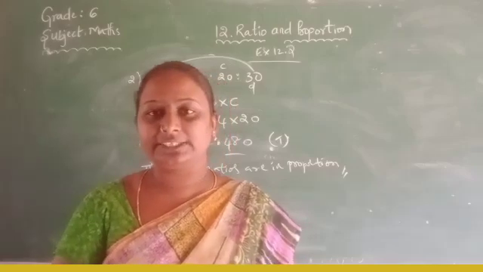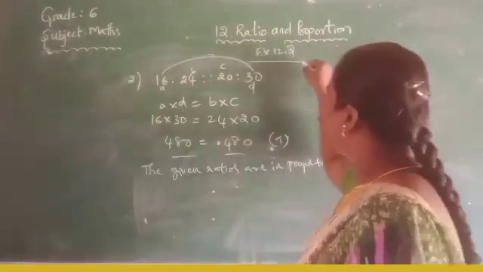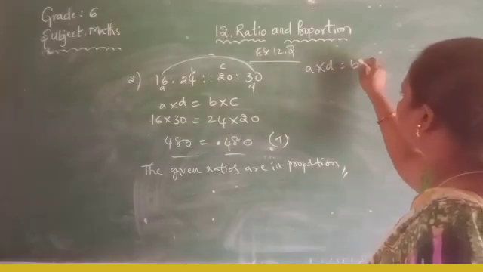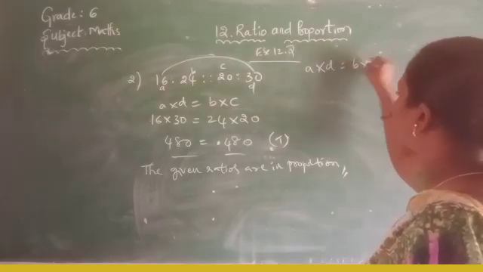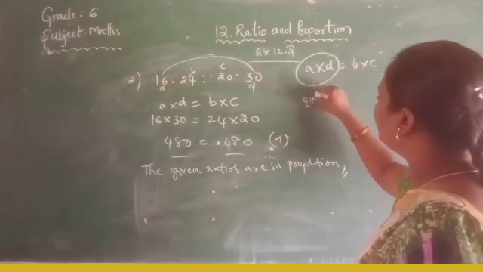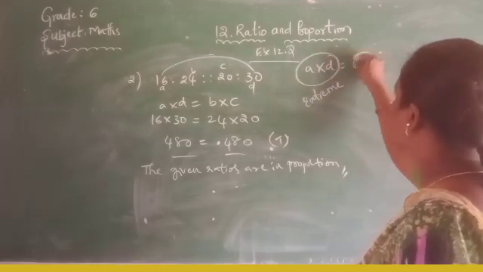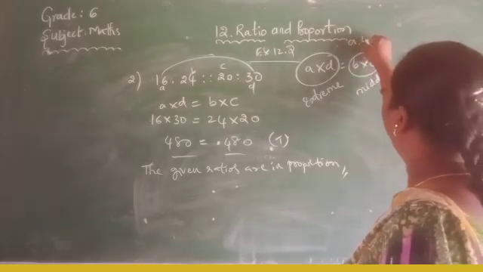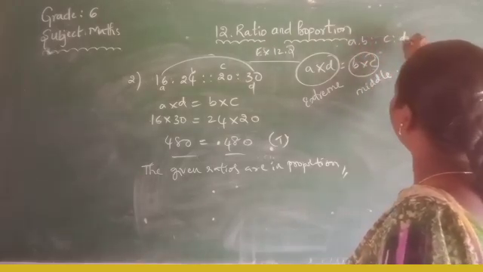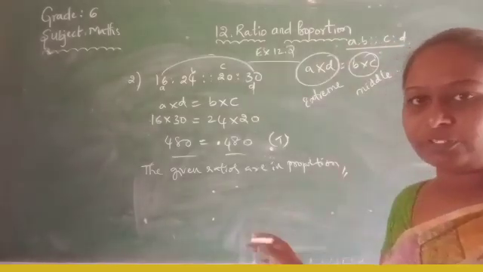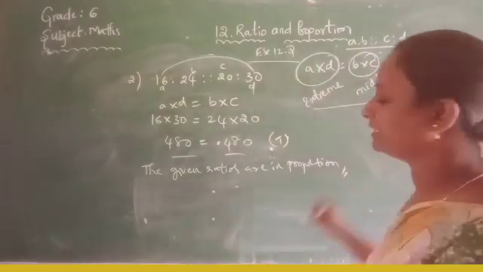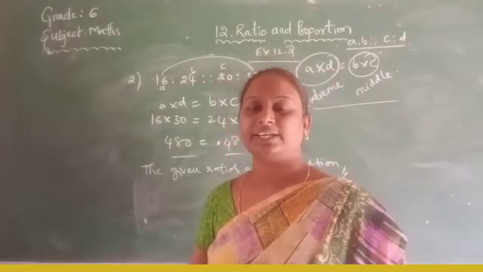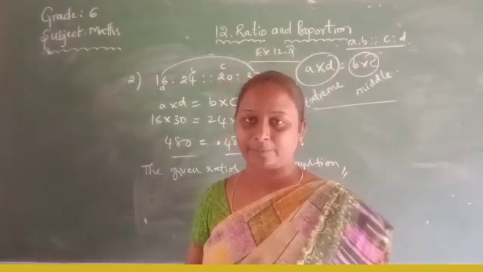The only thing is you have to remember A into D is equal to B into C. These terms are called the extreme terms and these are called the middle terms. When the two ratios are equal, we can say that the given ratios are in the proportion.